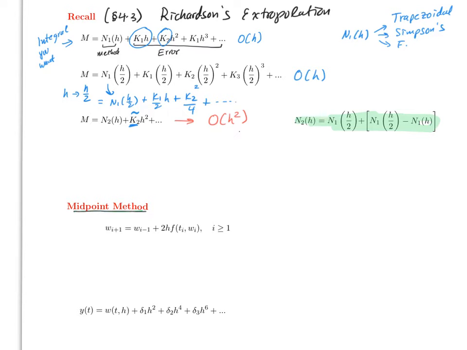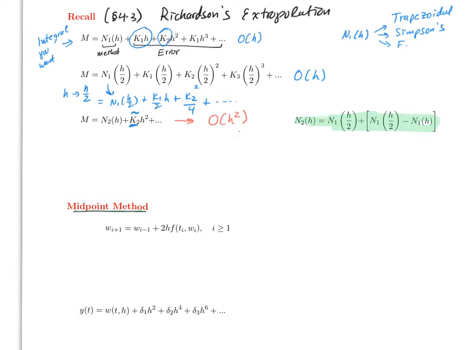So we're going to have something that looks exactly like this, but the method is going to be the midpoint method, which is precisely this. So this is the difference equation.